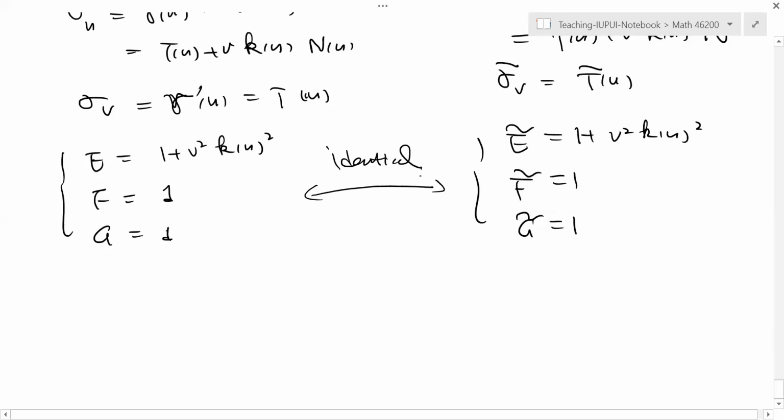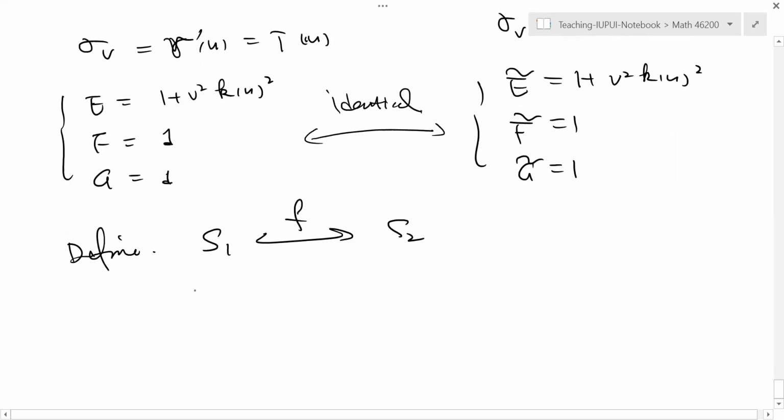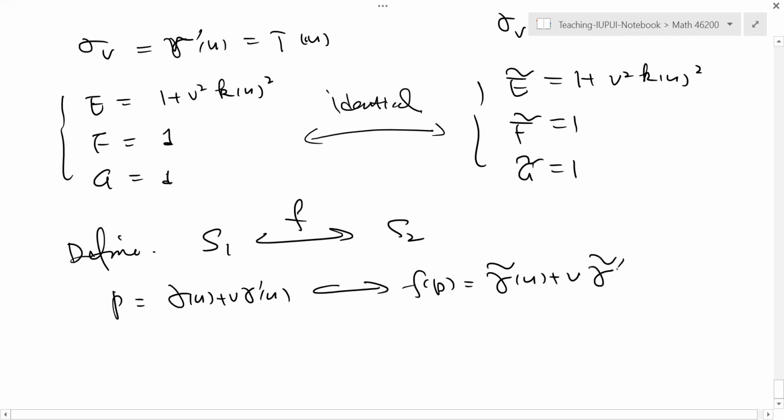Now, what does that mean? I can define the map from S1 to S2. The map sends the point gamma(u) plus v gamma prime(u), which is my point P, to f(P), which is gamma tilde(u) plus v gamma tilde prime(u).